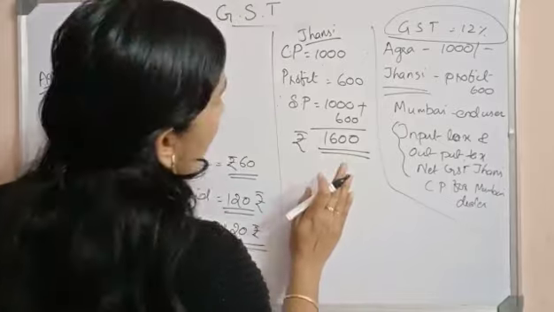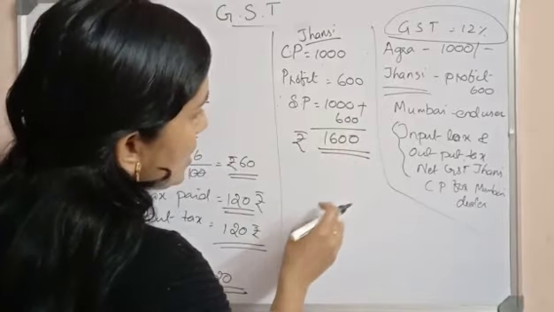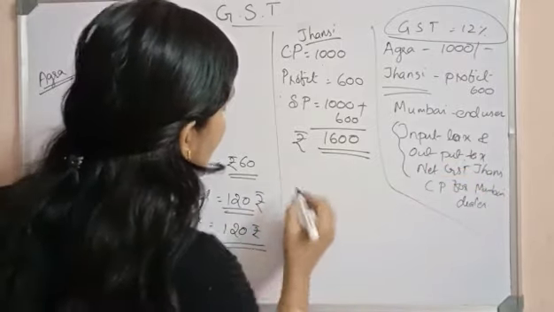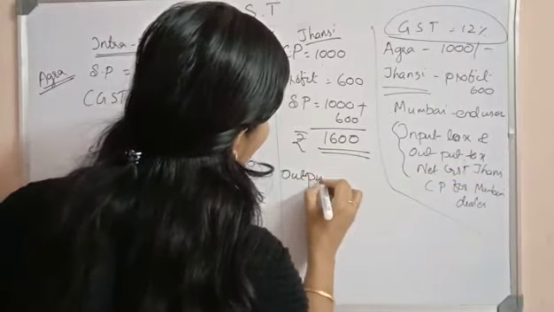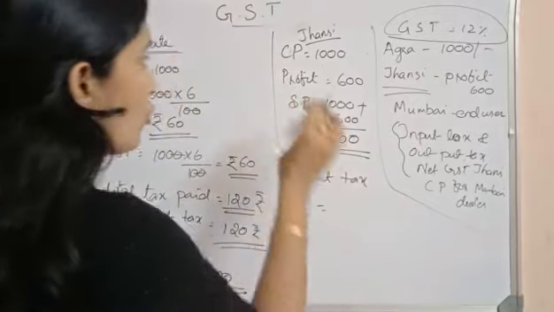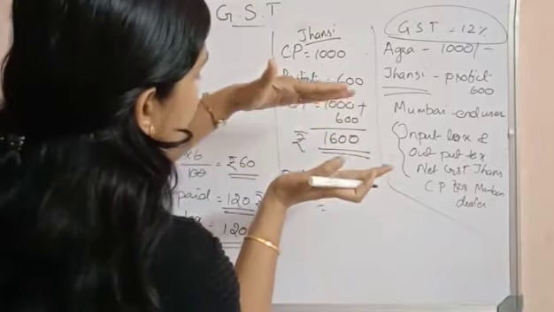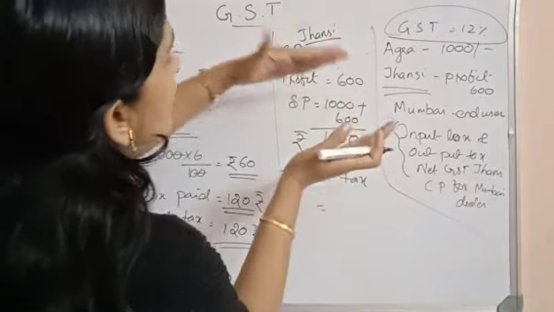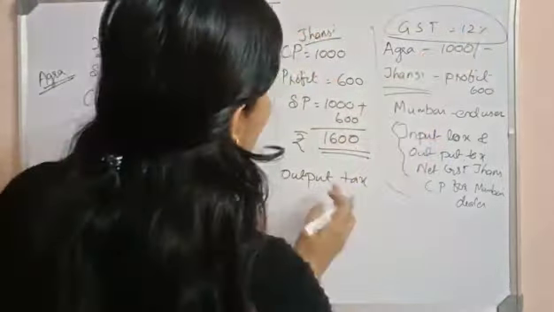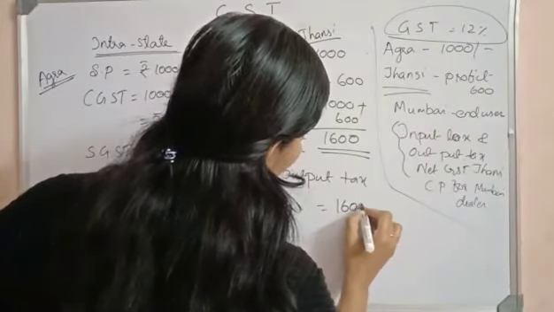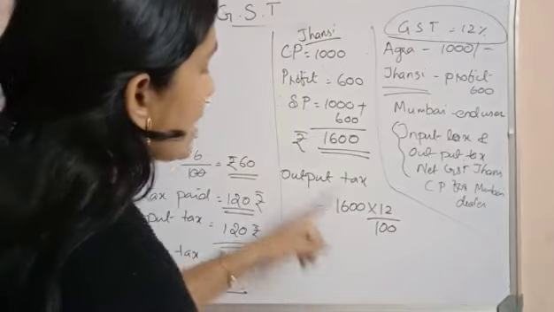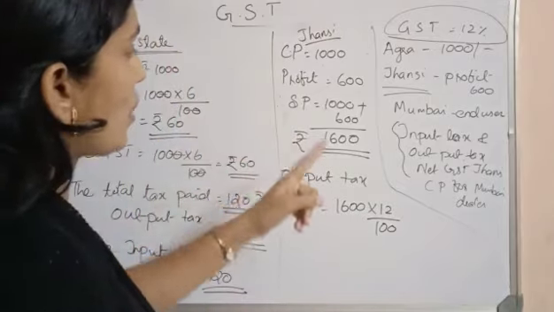And the GST paid when the transaction is happening from Jhansi to Mumbai, that means the output tax, is paid by the dealer in Jhansi. Output tax, I have told you, means the tax calculated on the sale. Here the selling price is 1600 and the output tax is 12% of 1600. Here we are calculating the output tax GST directly since the interstate transaction is happening.